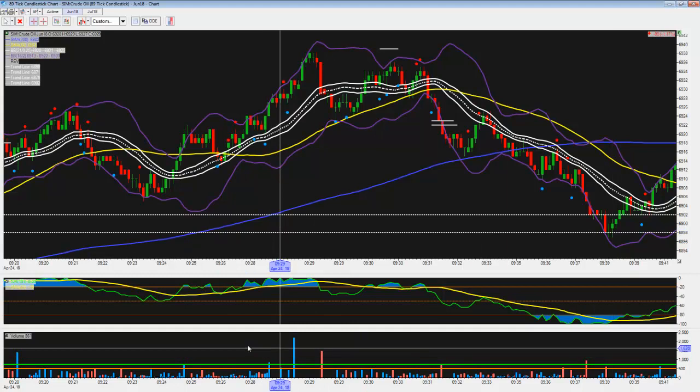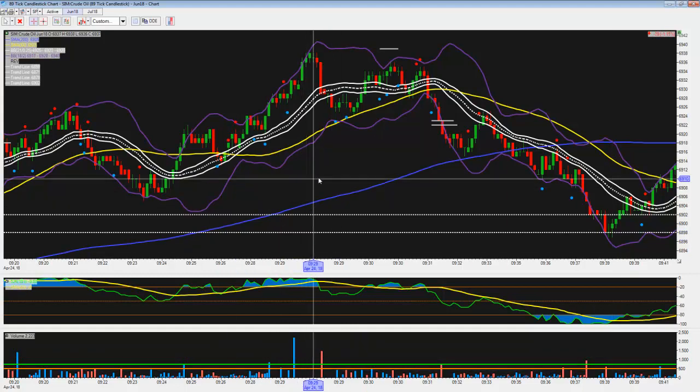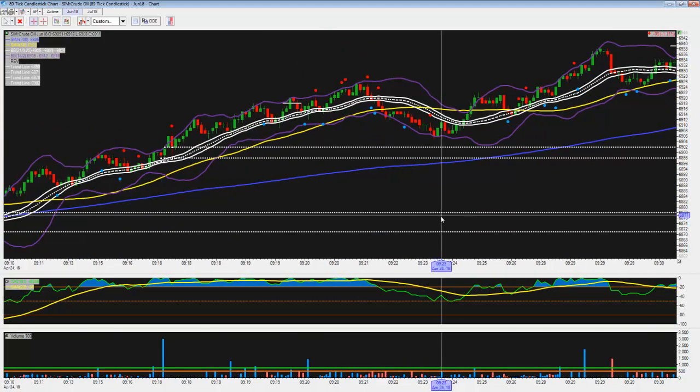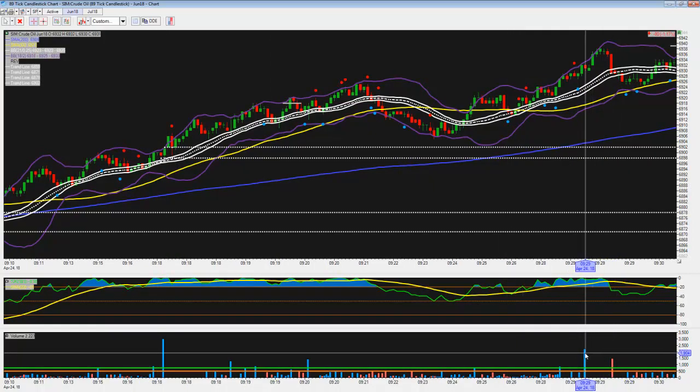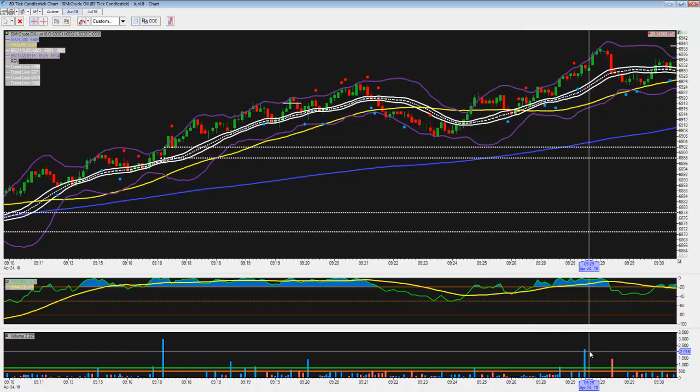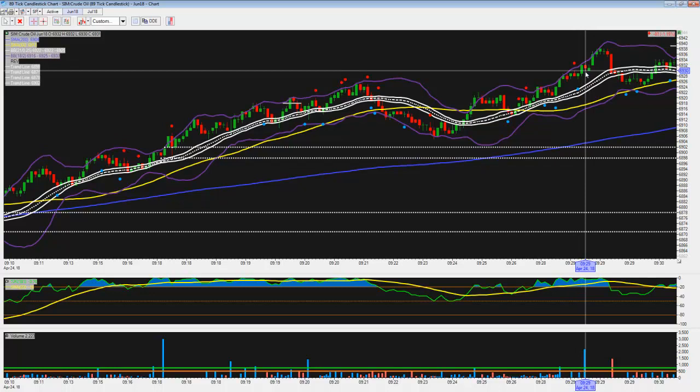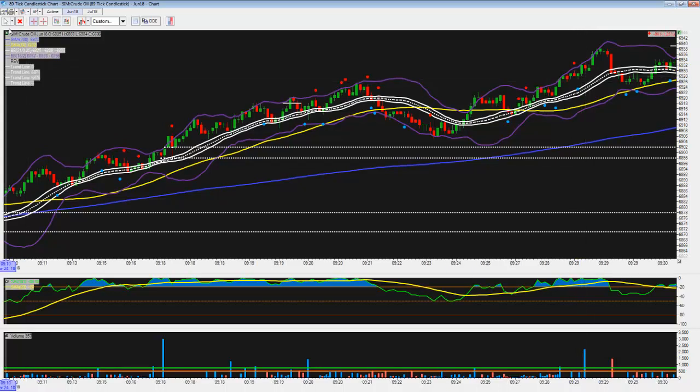We see another print right in here. So we have a 2000 volume bar, then we see another 2000 volume bar right in this area. This gives us the ability to bracket up here.